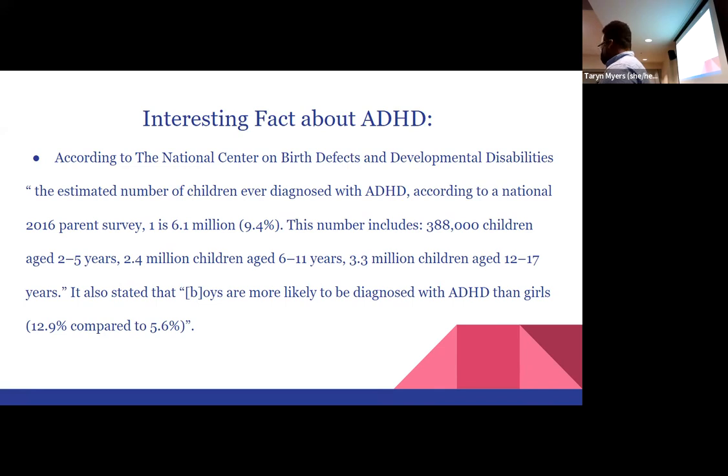It also stated that boys are more likely to be diagnosed with ADHD than girls. Boys during that age are more hyperactive, while girls more often just have trouble paying attention. There's also another issue, where it is overdiagnosed as well.